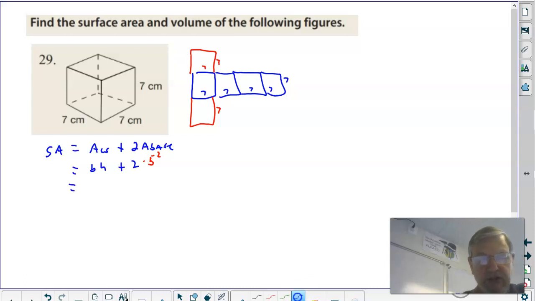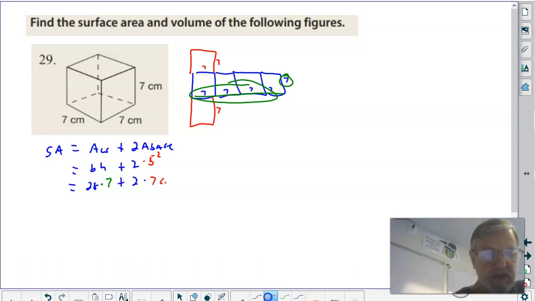Okay, lateral surface, 7, 14, 21, 28, right? Watch right here. The whole base is 28 times the height of 7, and then 2 bases, and each base is 7 centimeters squared. Oops, that should be this way.